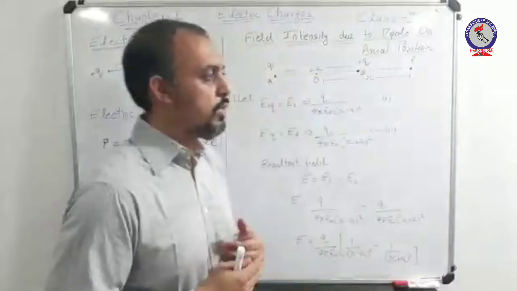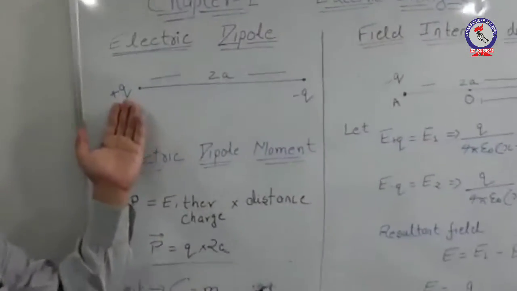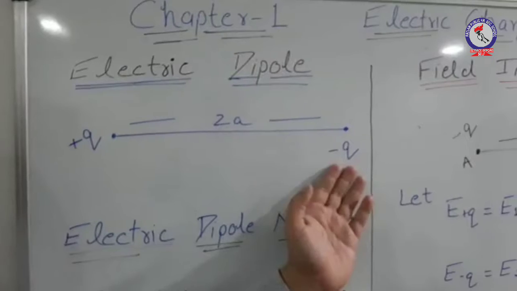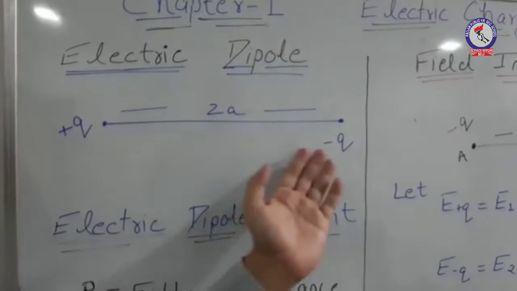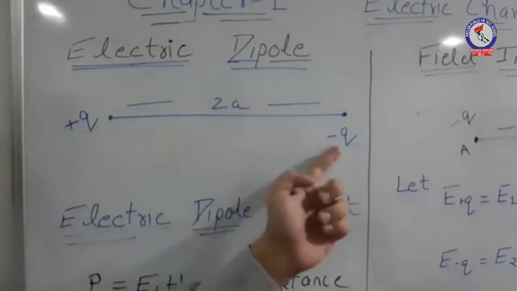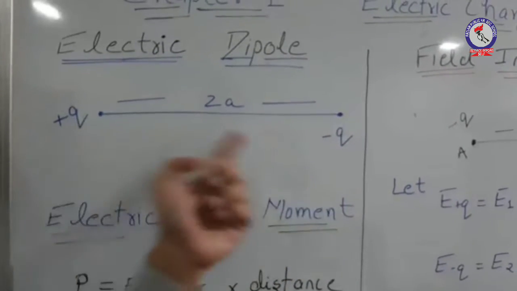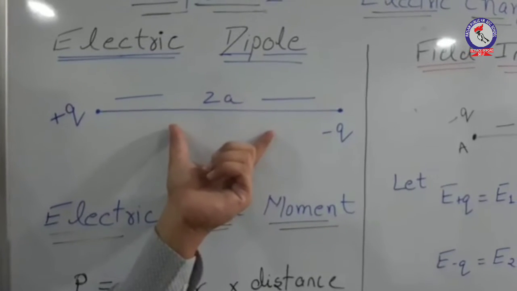As you can see, the figure shows charge Q and another charge minus Q. The one is positive and another one is negative. So two charges equal in magnitude but opposite in sign, separated by a small distance 2a, make an electric dipole.